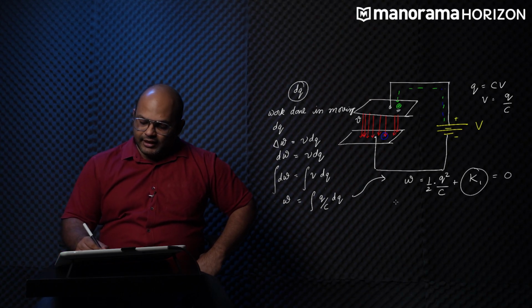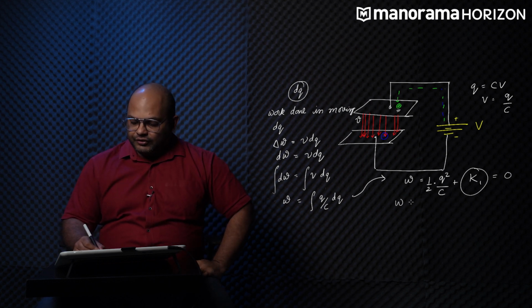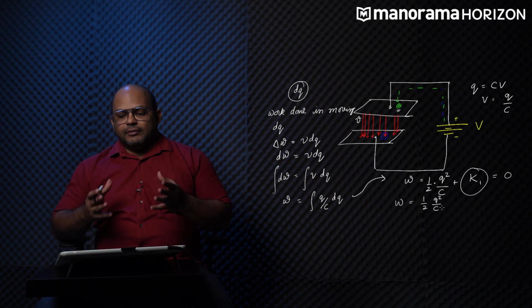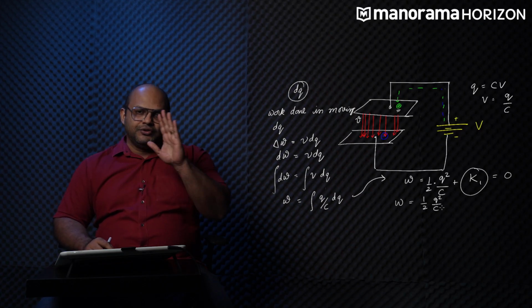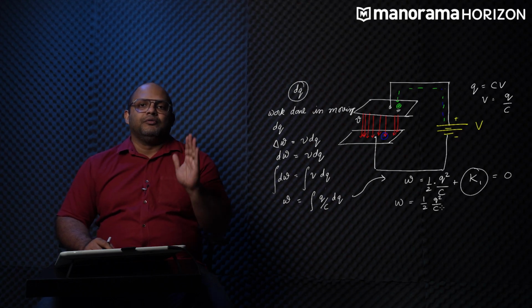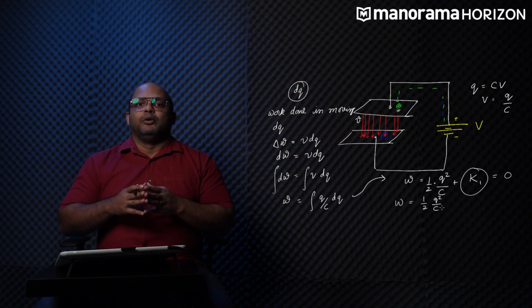So we can say that W, that is the work done on this capacitor, is equal to half Q square divided by C. Now remember what I had said earlier. I had said that the transfer of charges between the potential source, that is the battery, and the capacitor will keep on taking place until both of them have reached the same potential.